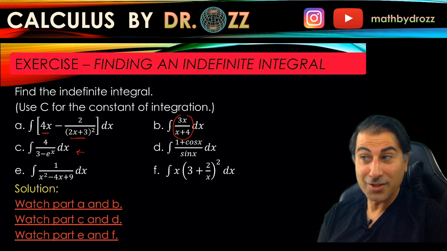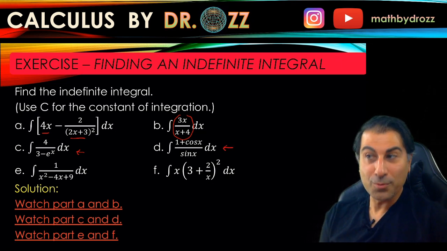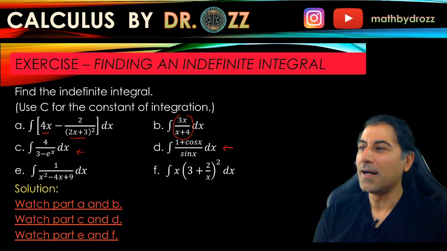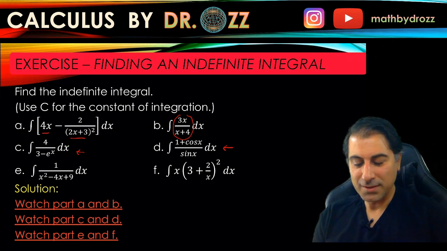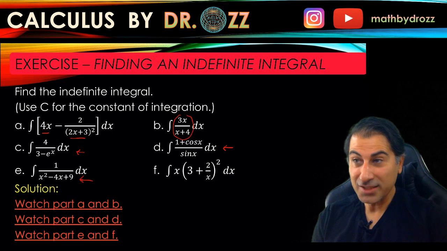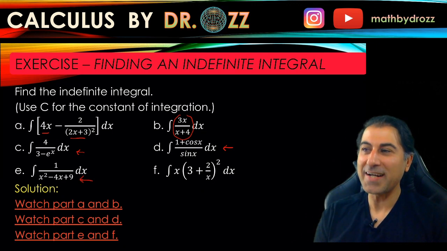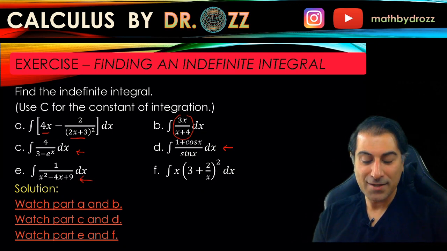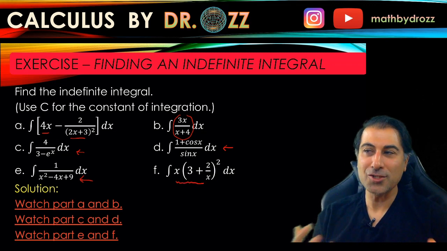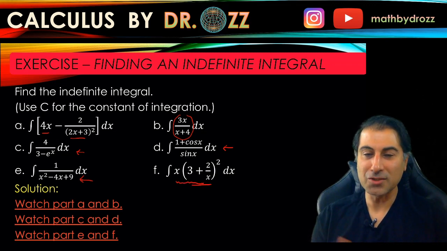Multiplying by the conjugate. Separation of the numerator, or multiplying by the conjugate, either one, whichever you would like to go with. Completing the square, please practice that one. And this one is sort of like the expansion of the quadratic term here and simplifying the integrand.